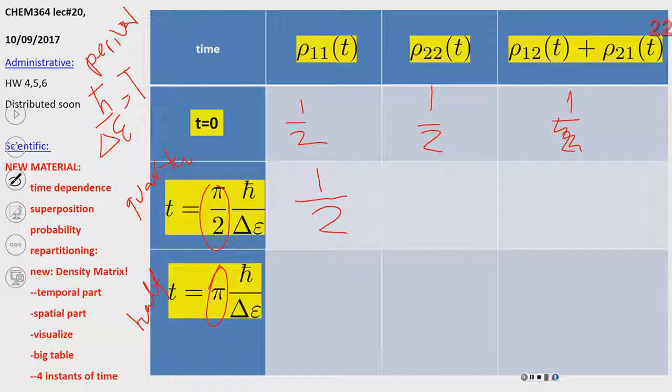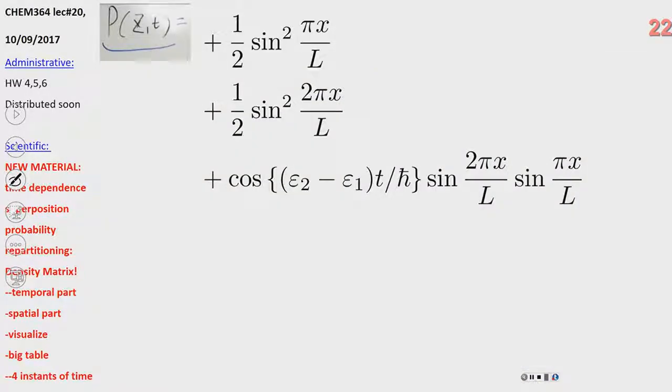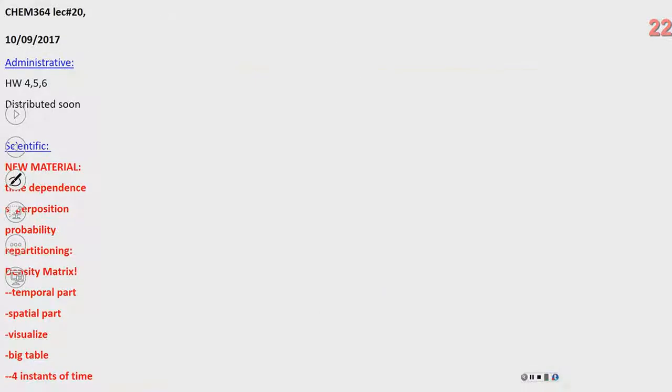Perfect. Yes. Okay. Well, this is 1, so we're looking at this one, right? Okay, and then there is no time dependence, it doesn't depend on time t. Yep. Okay.